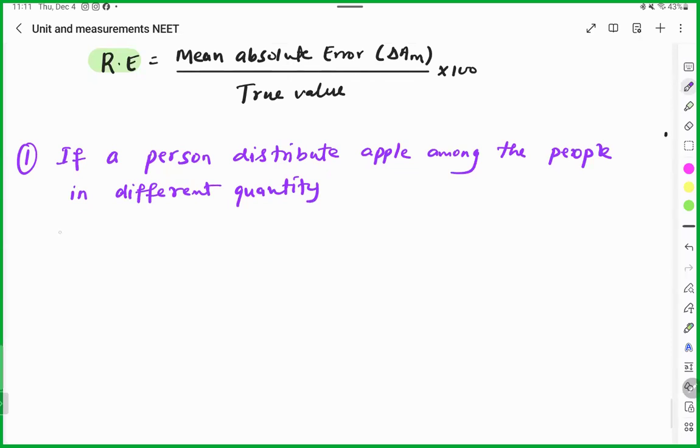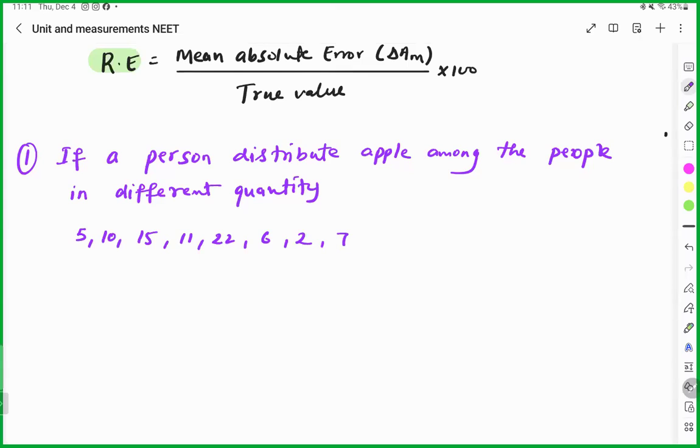Example, first time he distributes 5 apples, then 10, then 15, then 11, then 22, then 6, then 2, and finally 7. So he distributes apples to different people with these numbers.